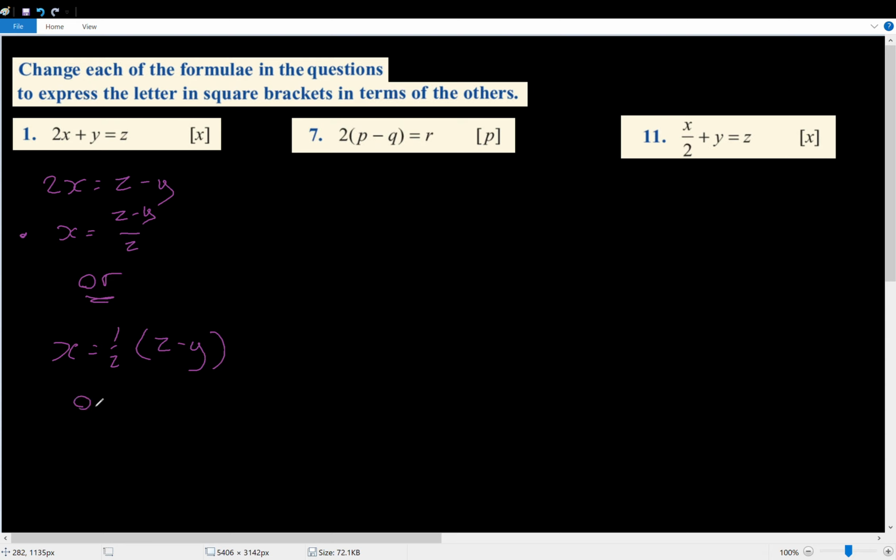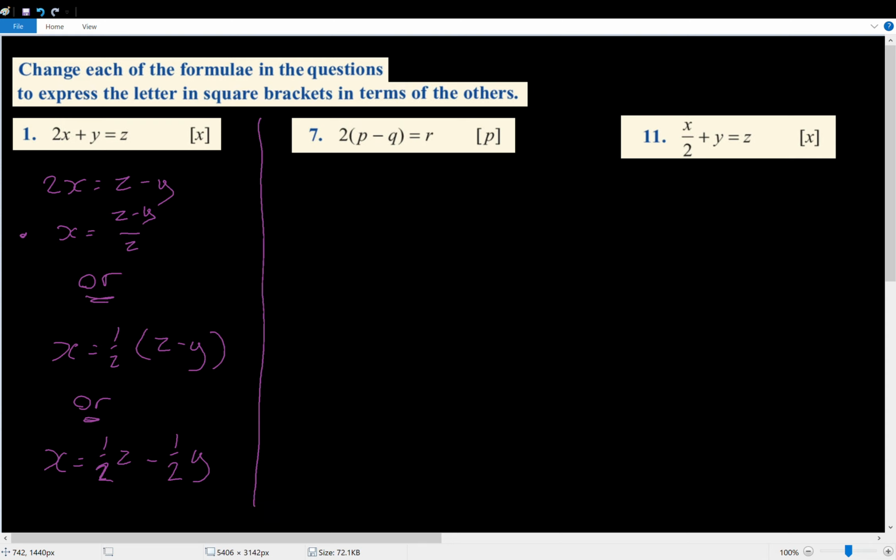Or if you multiply that bracket out, you could end up with x equals 1/2 z minus 1/2 y. Any of these three solutions that I've got for x are perfectly satisfactory as a solution to this question. So it all just depends on your approach to the question.